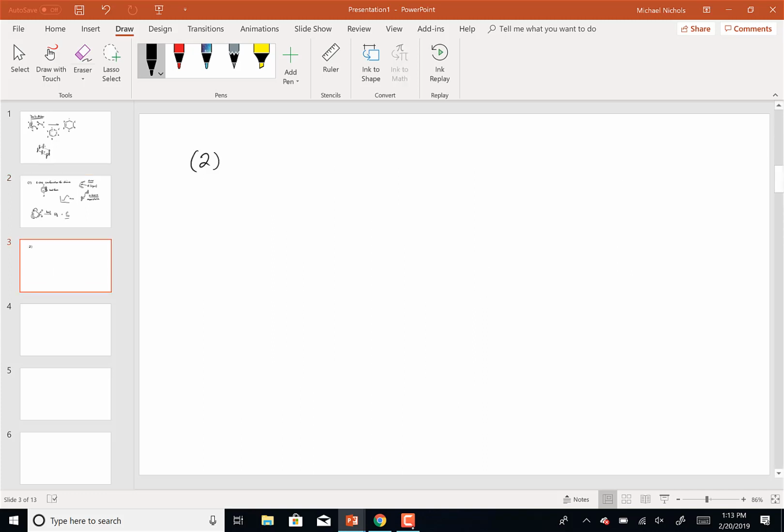Rule number two is that the stereochemistry of the alkene is preserved in the product.